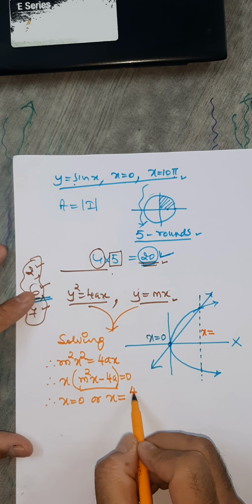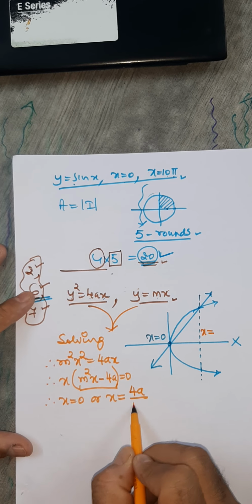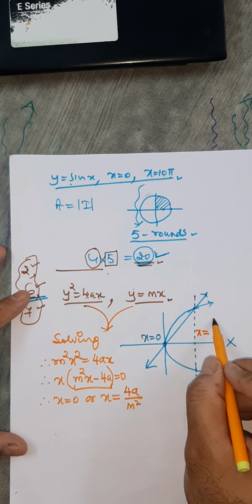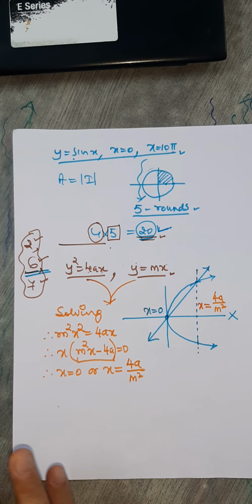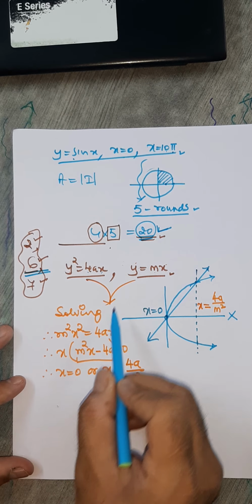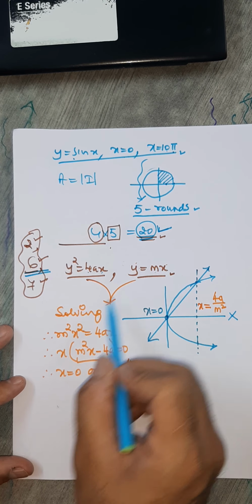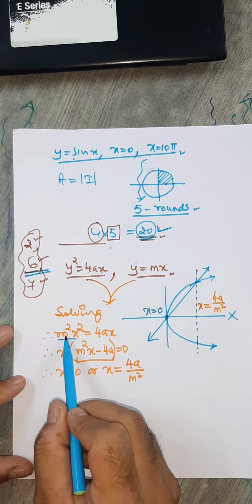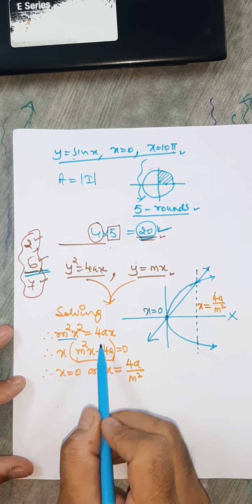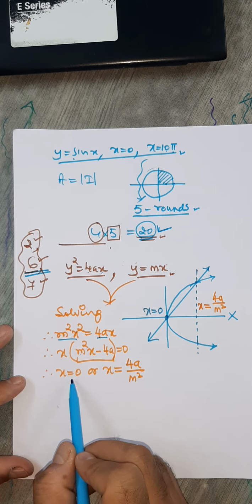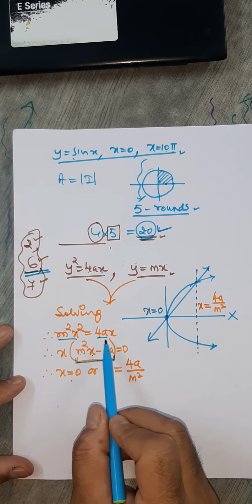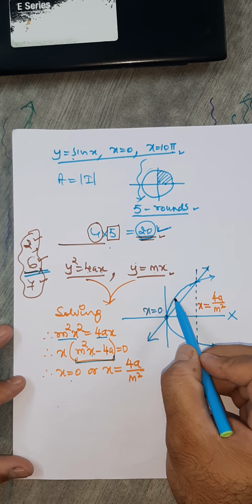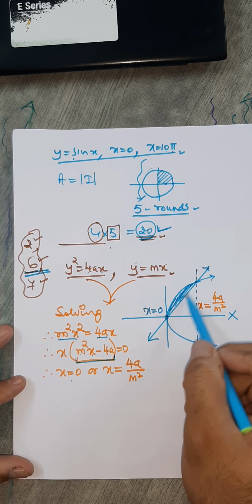How much will it be? 4a by m square. So this is your second intersection point. Please check this carefully without making a mistake. Either x is 0 or this is 0, so x is 4a by m square. So the limits are found, and this is your required region.